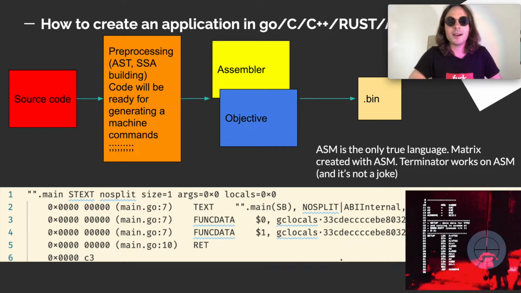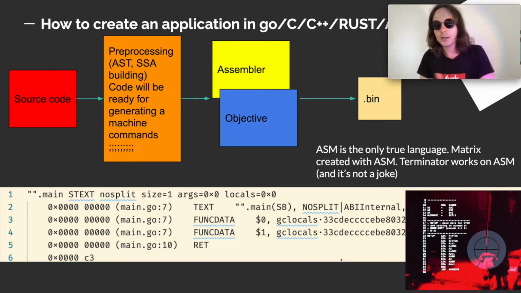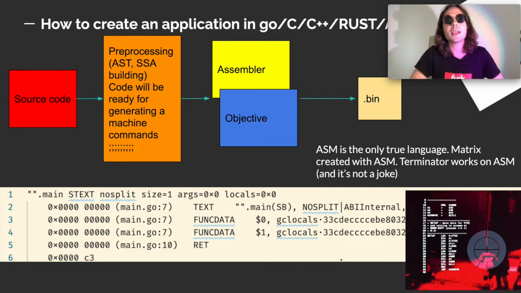So assembler is something in the middle between what a human understands and what a machine understands. It is a view of machine commands in a more or less human readable manner.